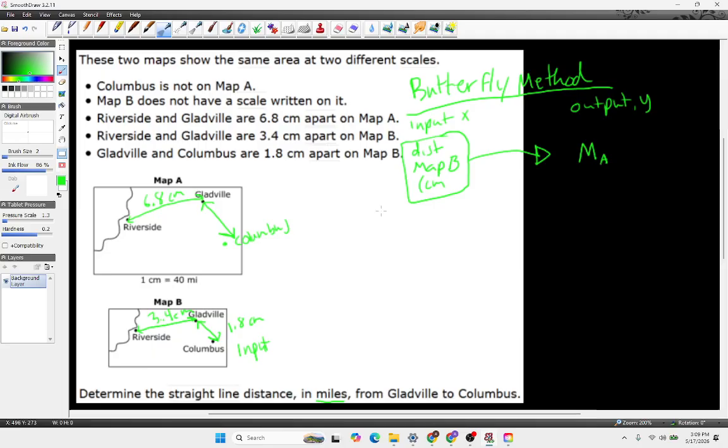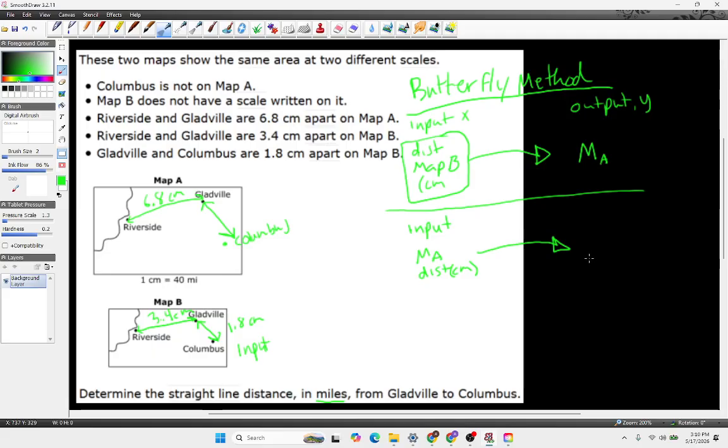After this, laying out the whole strategy for the problem, I'm then going to use this map A distance. So my new input is actually going to be the output from my last solution process. Now my input would be my map A distance in centimeters. And I'm going to use this pair to find the actual miles.